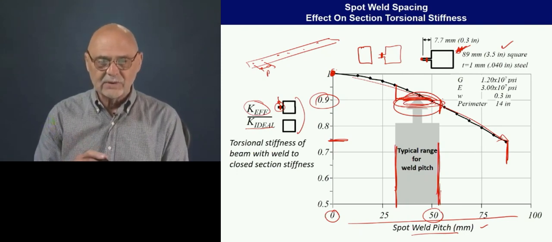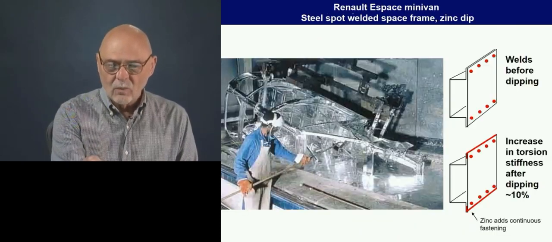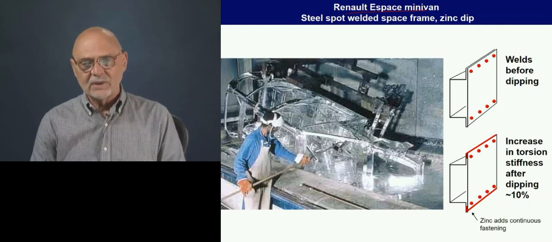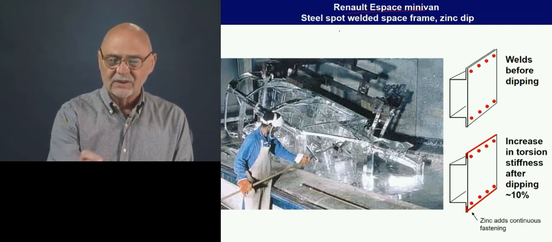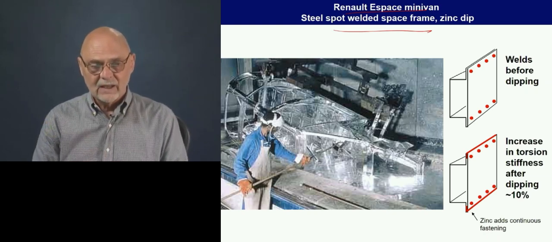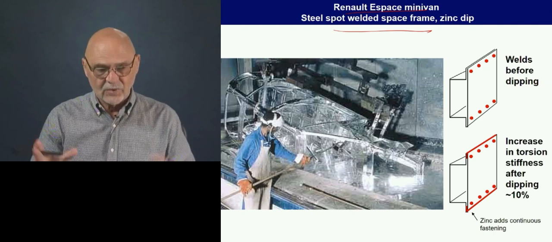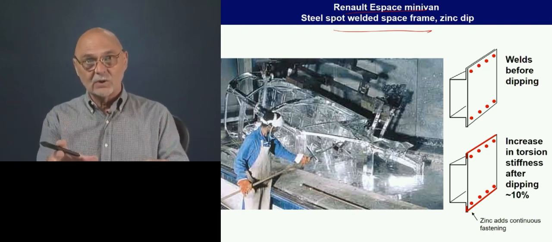We had a really nice opportunity to do that some years ago. One of the minivans in production had a spot weld space frame. So it was basically a bunch of beams that were spot welded together, and then the surface of the car was composite panels that were glued to it.